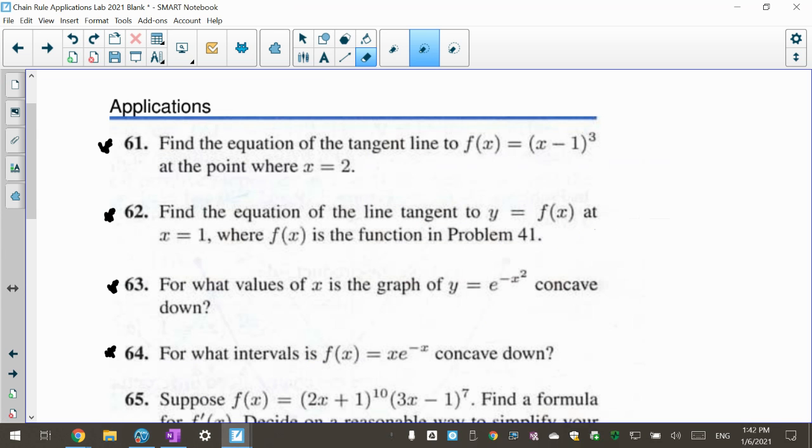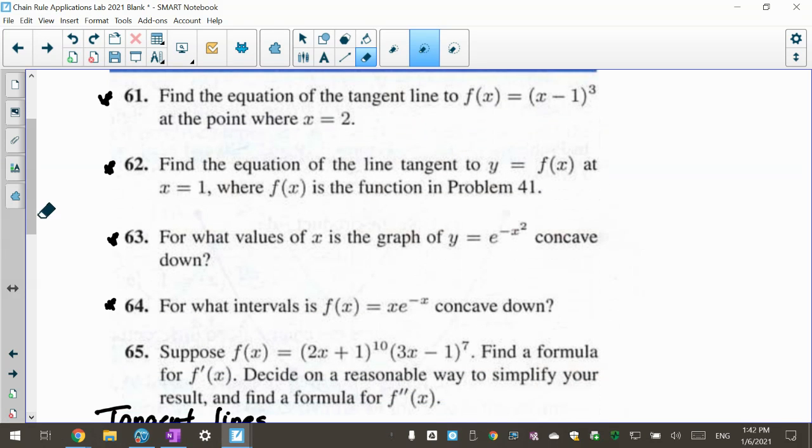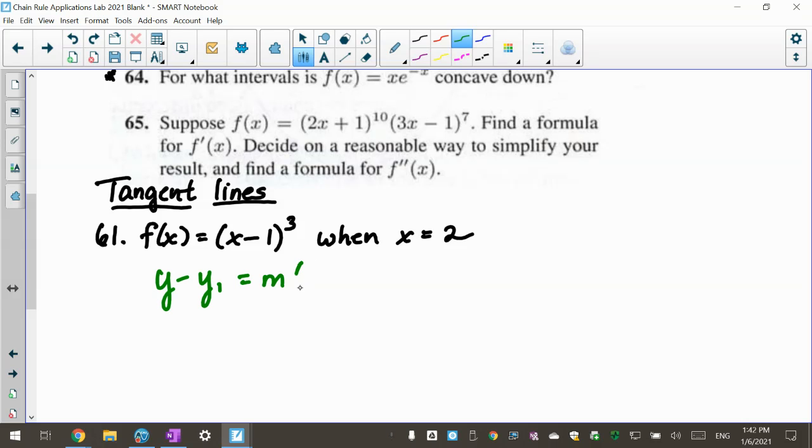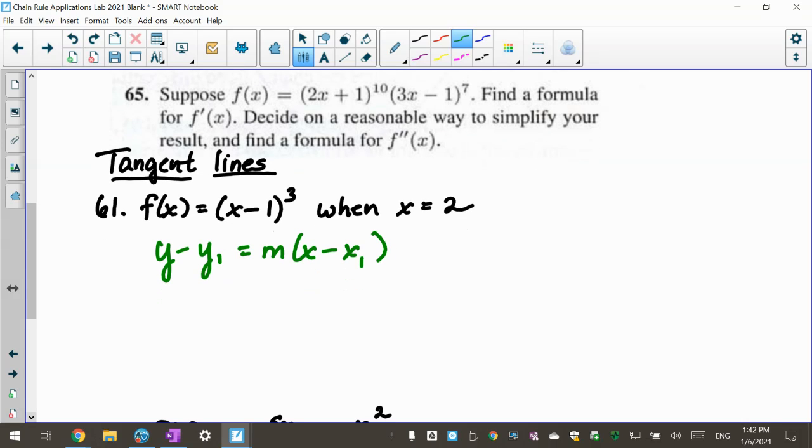So first thing I'm going to do is get it set up. So I'm looking for the equation of the tangent line for this is 61, and this is my function. We already know what the answer is. So let's go through and do the work. Well, first of all, if I want to know the tangent line, I know I've got y minus y1 equals m times x minus x1. So I need a point and a slope.